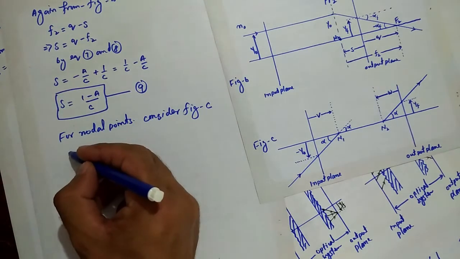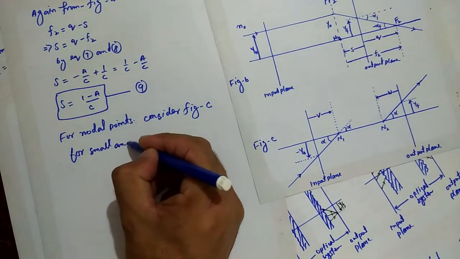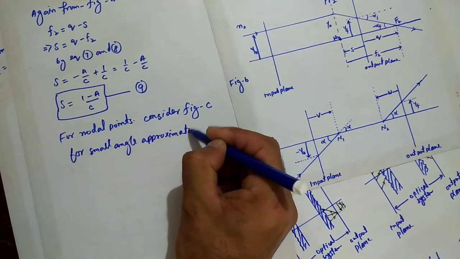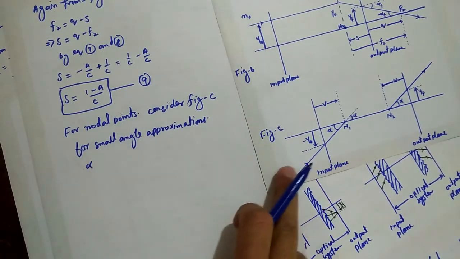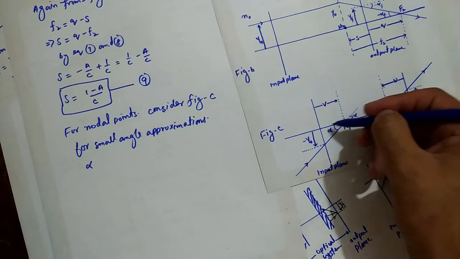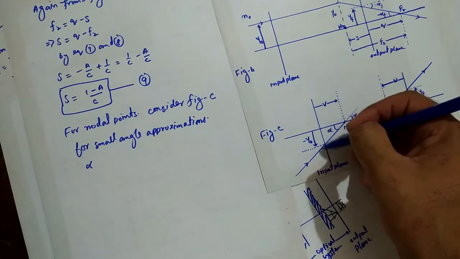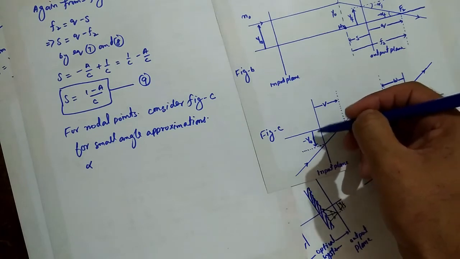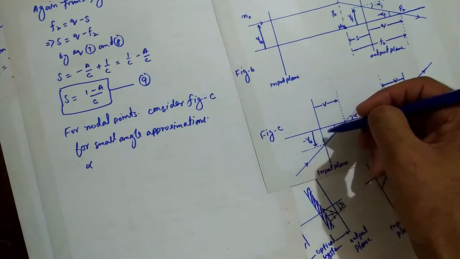So again, for small angle approximations, from this figure, this alpha is equal to y naught over v. This distance is directed towards the right, so it is positive, while this negative sign is because the ray is directed below the optical axis, because the incident ray intersects the input plane below the axis.